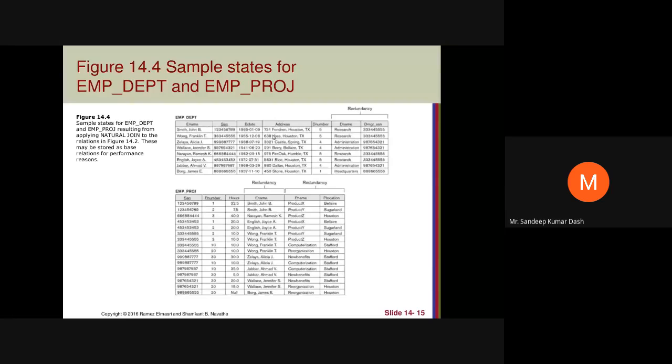In this table, how many places should I do the changes? Here, here also, here also, here also. Wherever you have this data of research, that has to be changed. Suppose I change it in two places, but I forgot or could not find the other two places. So two places will say research and two places will say research and consultancy.